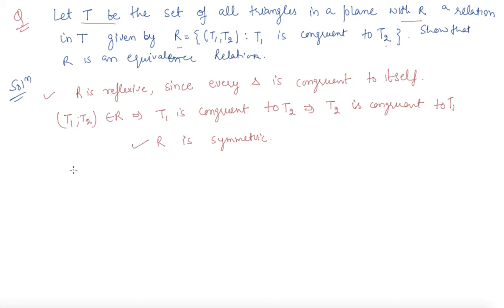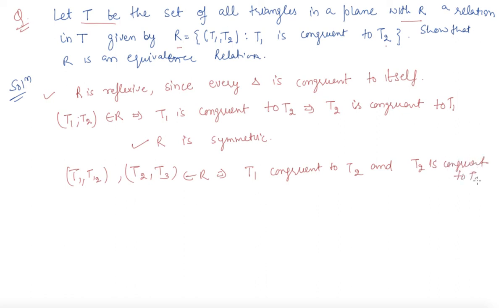Now for transitive. Okay students, let's say (T1, T2), (T2, T3) belongs to R, T1 is congruent to T2, and let's say T2 is congruent to T3.